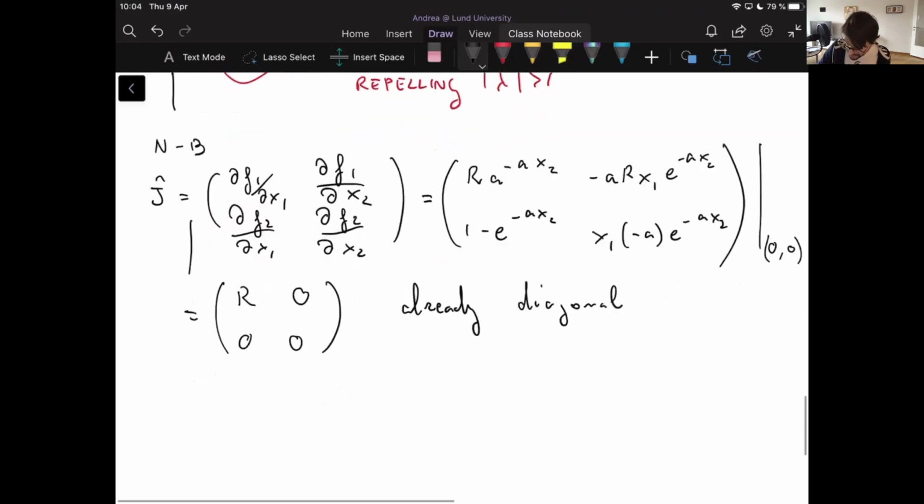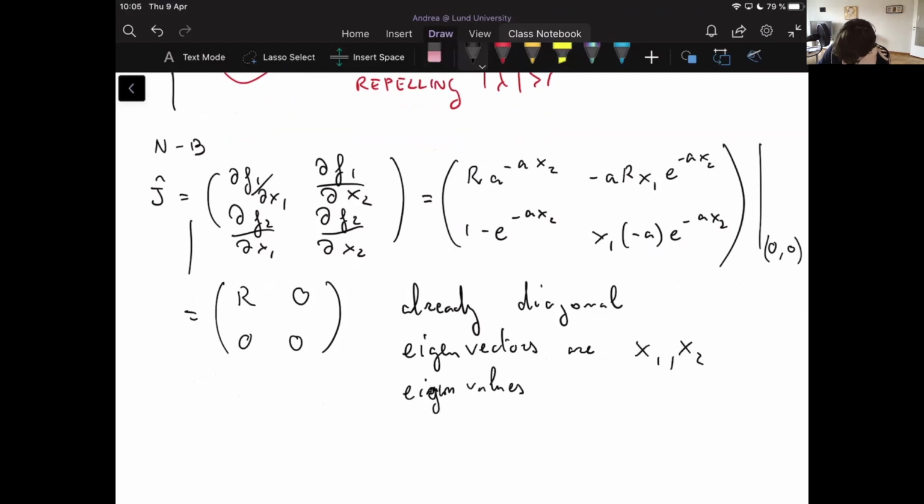The eigenvectors are x1, x2, which are the parasite and host directions. And the eigenvalues are R and 0.